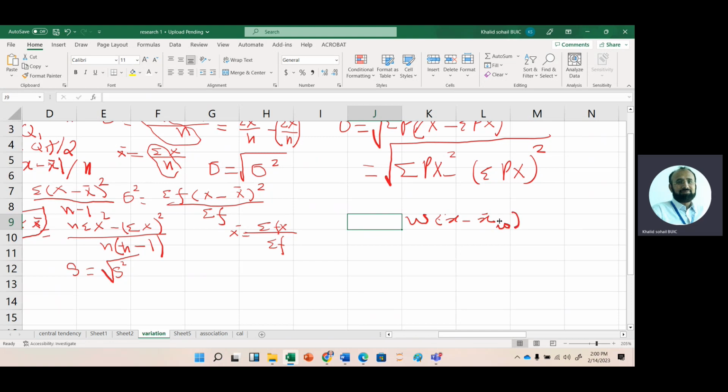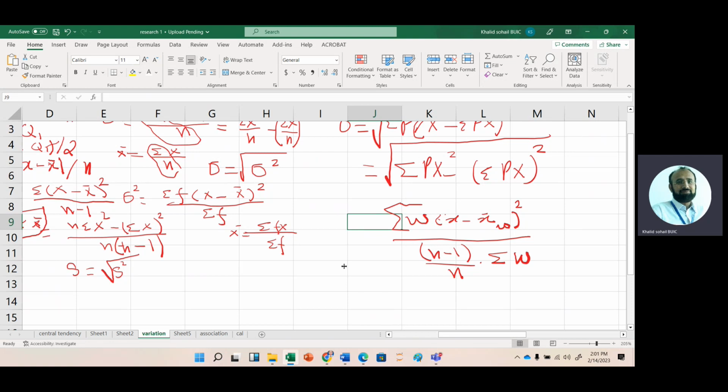And then we take its square, so that we get the squared deviation, and that is multiplied by the weights. Then we sum it, and then it is divided by n minus 1, multiplied by the sum of weights.